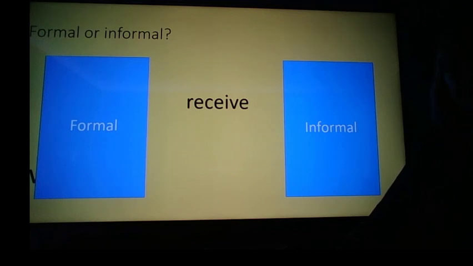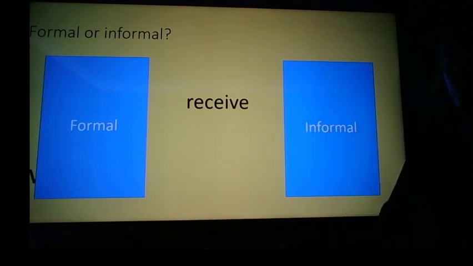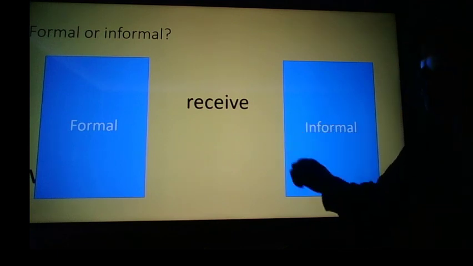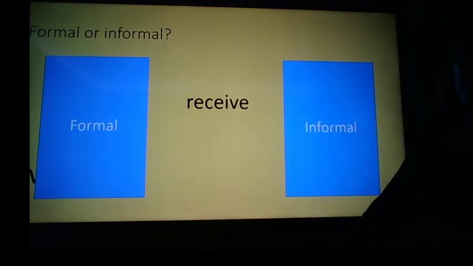So instead of saying I didn't get my parcel, you can say I didn't receive my parcel, and look at the spelling of that word, R-E-C-E-I. Very important that you spell that correctly. So receive, I thought it was going to go into informal then, but no, it's a formal word.